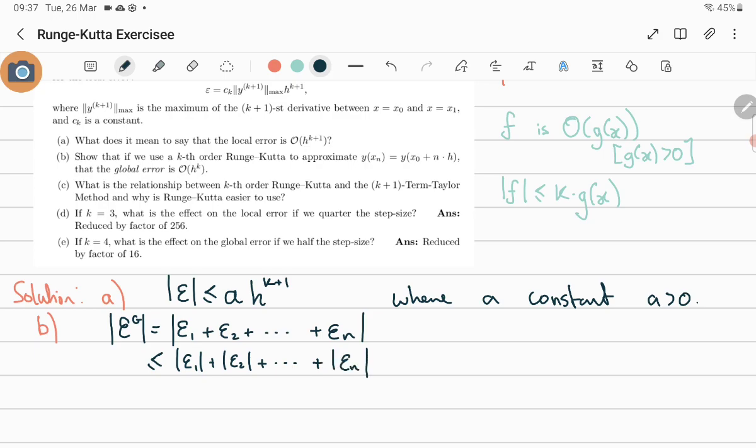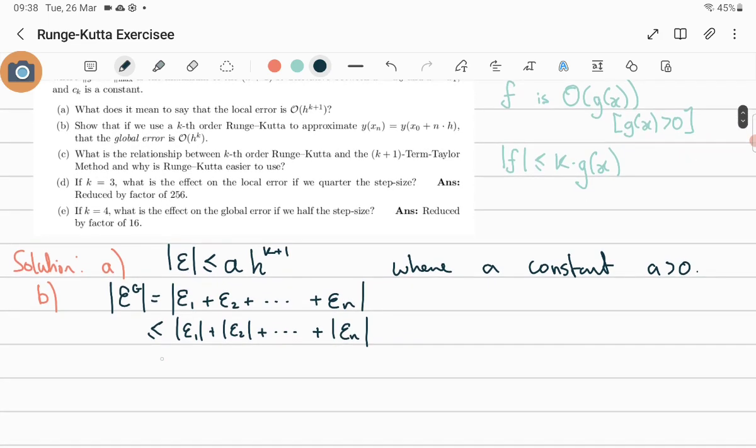Now we can use the fact that the local errors are order h to the power of k plus 1, using a's rather than k's. Individually, each local error is less than some constant times h to the power of k plus 1. So epsilon 2, the second local error, is less than some constant times h to the power of k plus 1.